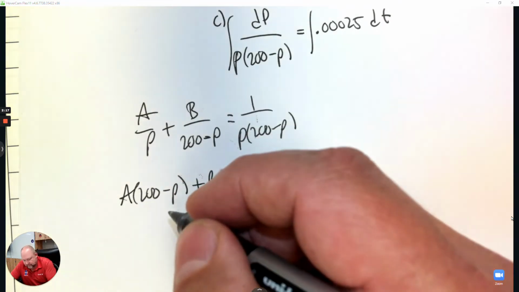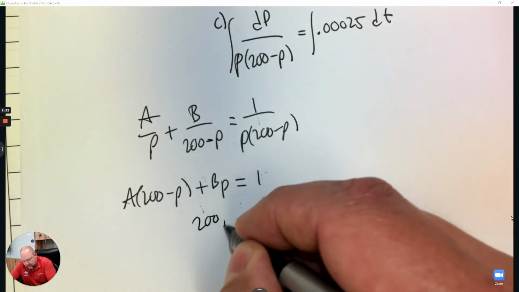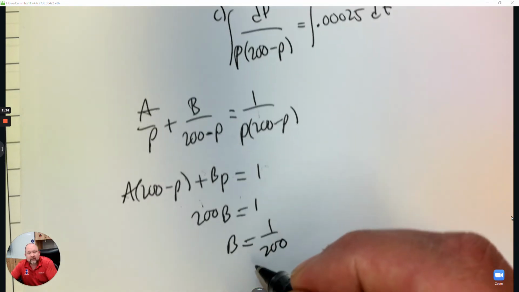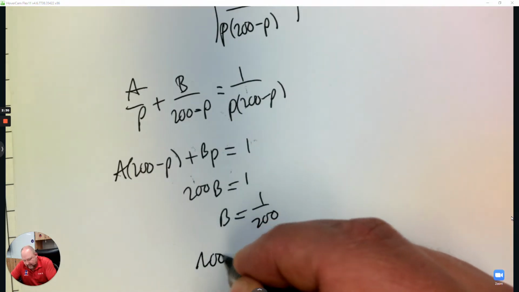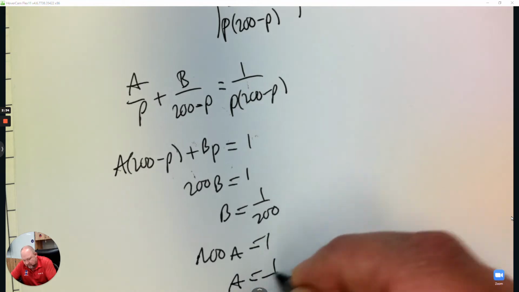Use the zeros. If I plug in 200, I get 200B equals 1, so B is 1 over 200. If I use 0, I get 200A equals 1, so A is 1 over 200.